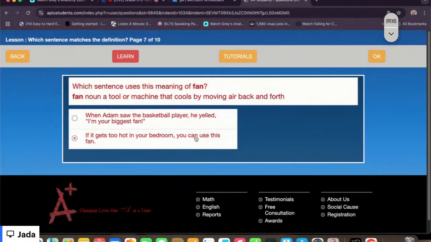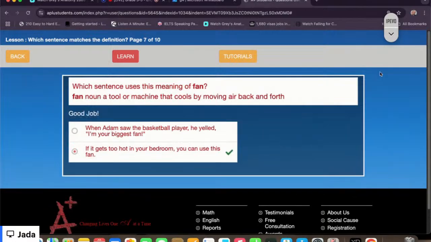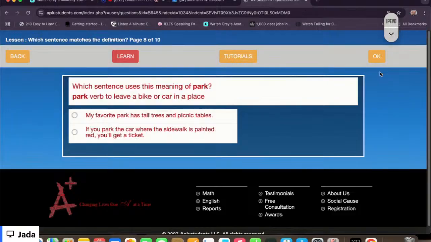So if it gets too hot in my bedroom, you can use this fan. Okay. So we have park, verb, to leave a bike or car in a place.